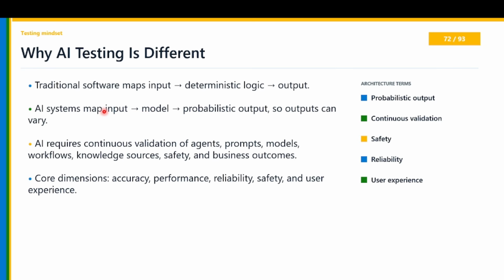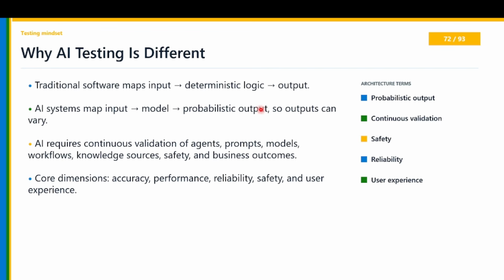So an agentic AI system will always map the prompt that it has to the model that it is built on, and then to probabilistic outputs. Remember, it is the model that is probabilistic, so even though the input in your agent is deterministic, because the model is probabilistic in nature, your output is still probabilistic.